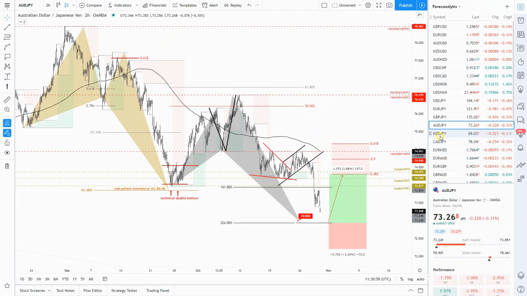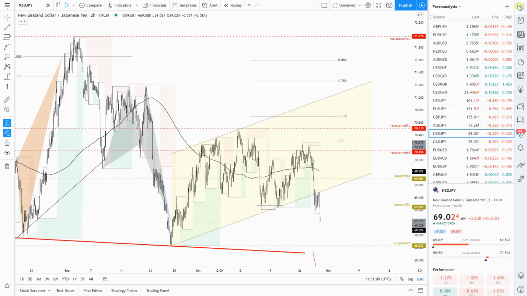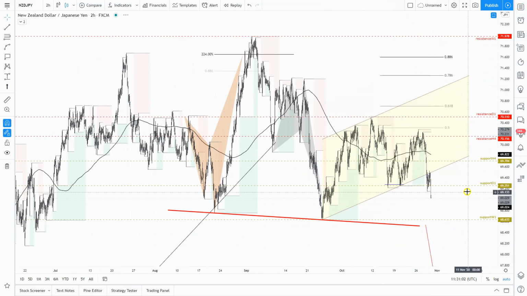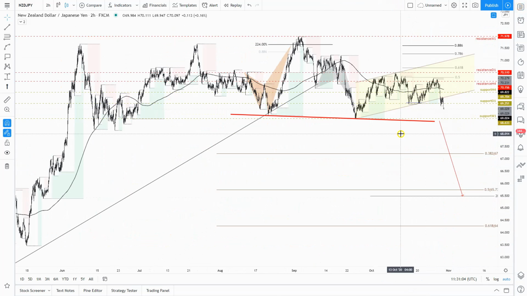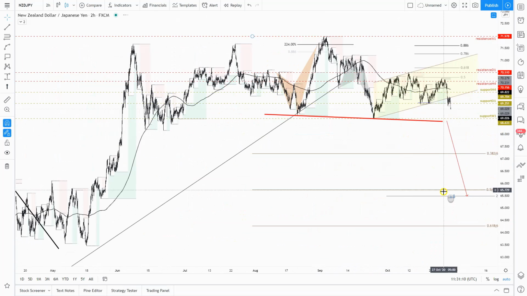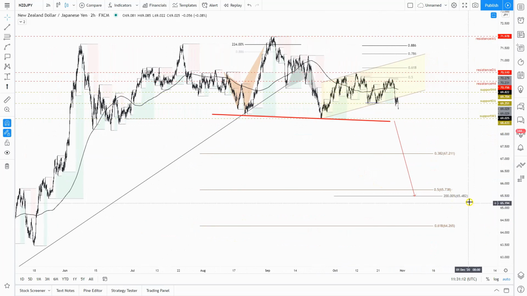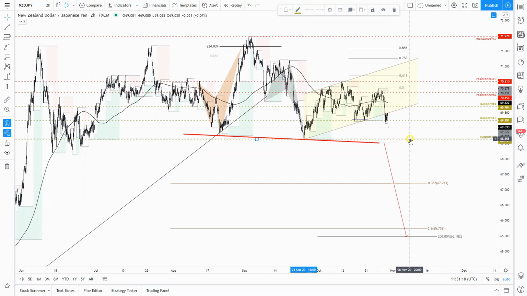More, New Zealand versus the yen, now trading below the daily fractal. I have no patterns projected here. We have a major eventual heads and shoulders, which may put the price trading at 65.48 below the weekly fractal support. We need to wait for a violation of that structure.